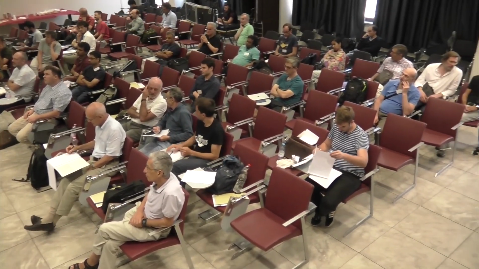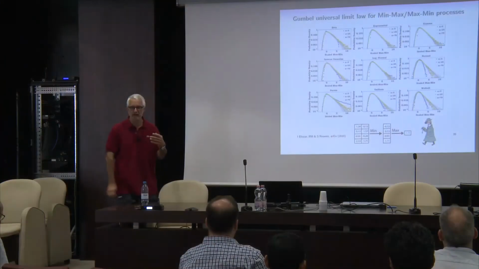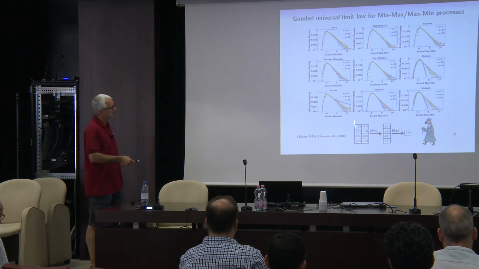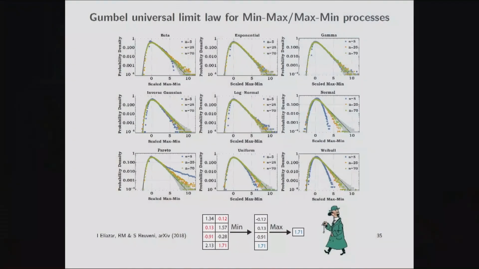But now think of a dual extreme value principle. So here I have a schematic. Let's say I have random entries in a matrix. And the first thing I do, I compare pairs of entries. I compare entries in these columns. And in each case, I take the minimum value.